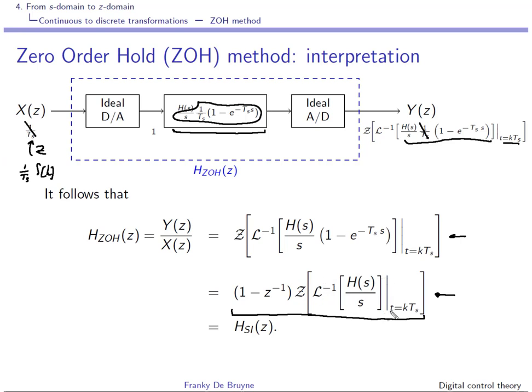You sample the response, t equal to kTs, you take the z transform and then you multiply by 1 minus z to the minus 1. Or you could multiply by z minus 1 over z. It all depends if you work with the variable z to the minus 1 or with the variable z.